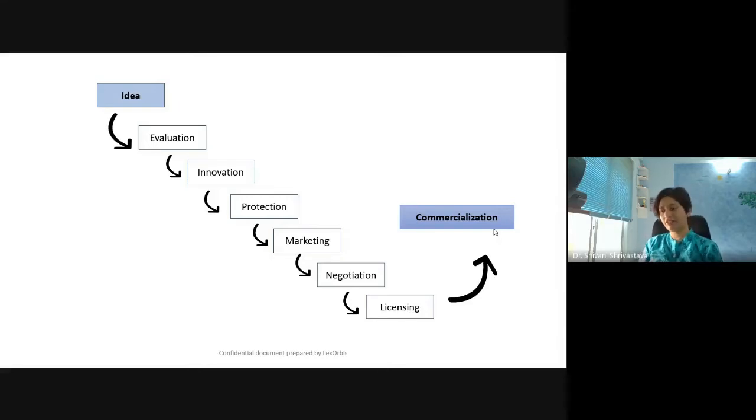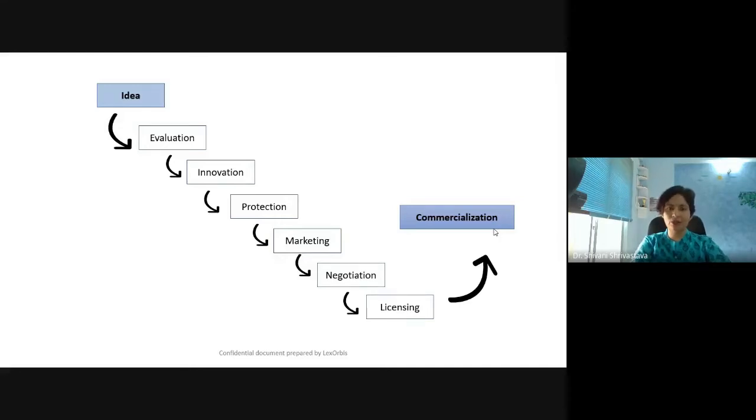Once we evaluate the technology, we start innovating it. Then research and development falls here. Once the research is done, before discussing it, we should protect it. After protection, we can market, and then negotiation, licensing, and then commercialization. So I will start with the first steps.